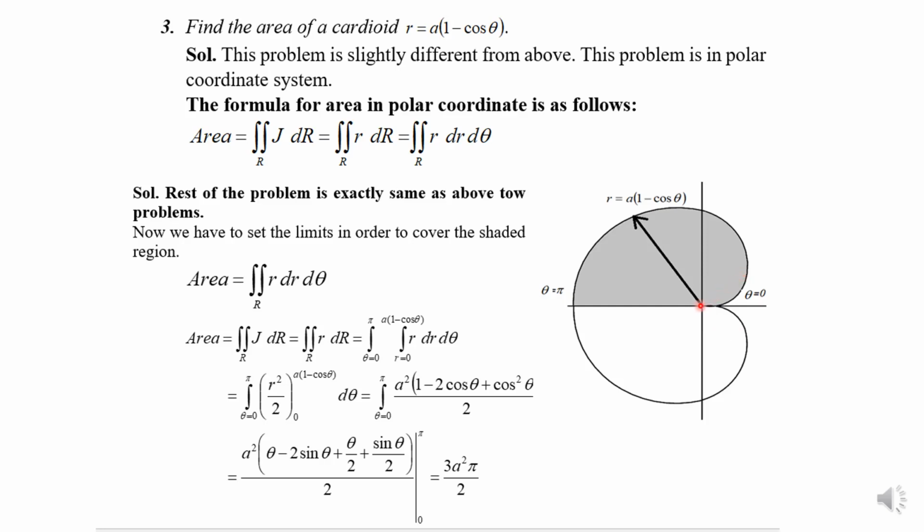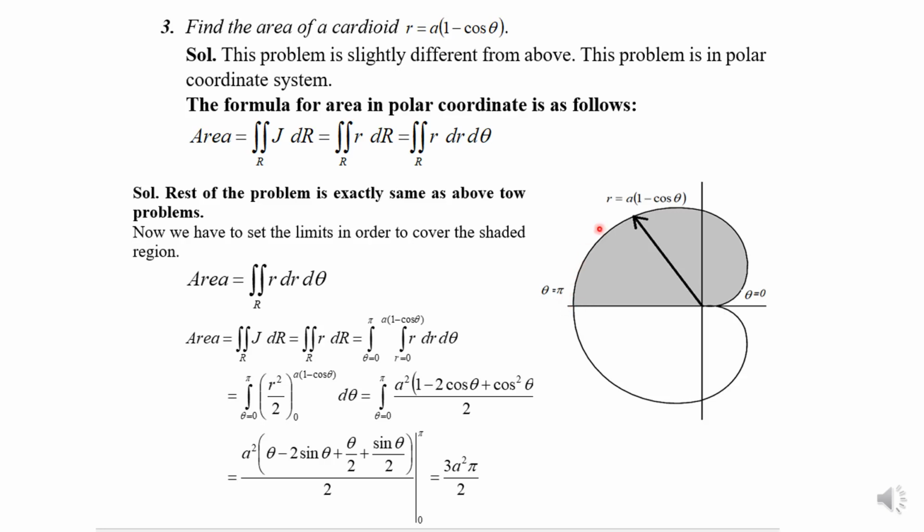As you vary theta there are different values of r. For instance, r is 0 at theta equal to 0. r is a when theta equals pi by 2. r is 2a when theta equals pi. So r is a function of theta. That means r varies from 0 to this curve. I will repeat, r varies from the initial point 0 to this whole curve.